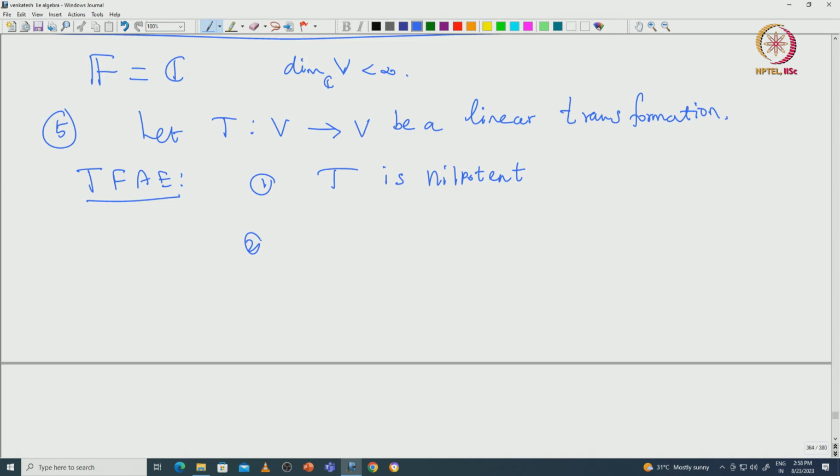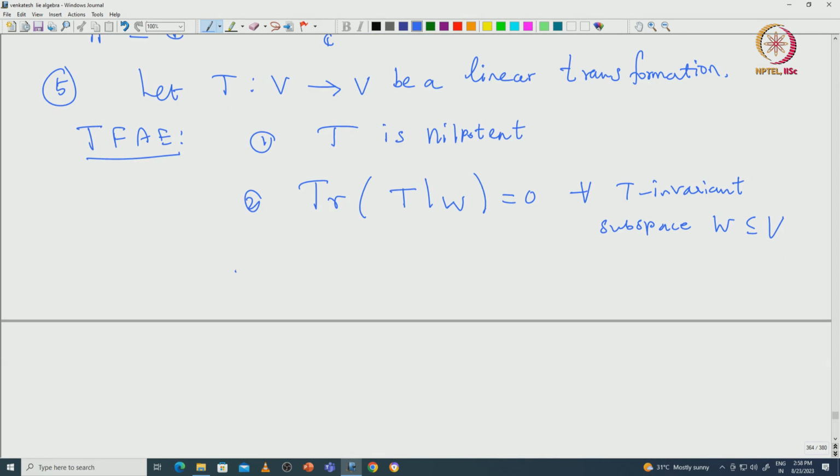That is equivalent to saying the following trace condition. The trace of T restricted to any T-invariant subspace W of V must be 0, and this is true for all T-invariant subspaces W of V. This is the first trace condition.